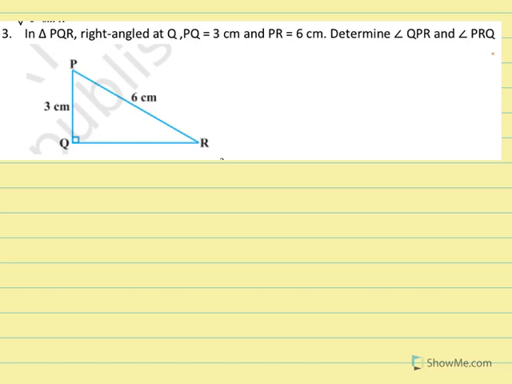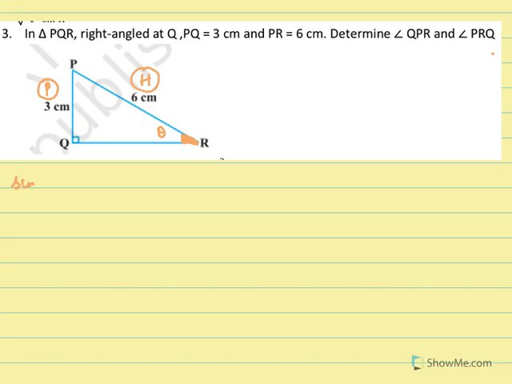In triangle PQR, right angled at Q, PQ is 3 centimeters and PR is 6 centimeters. Determine angle QPR and angle PRQ. Let me start with this, how to determine this angle theta. We'll take R as theta. Here we have the perpendicular and this is the hypotenuse.